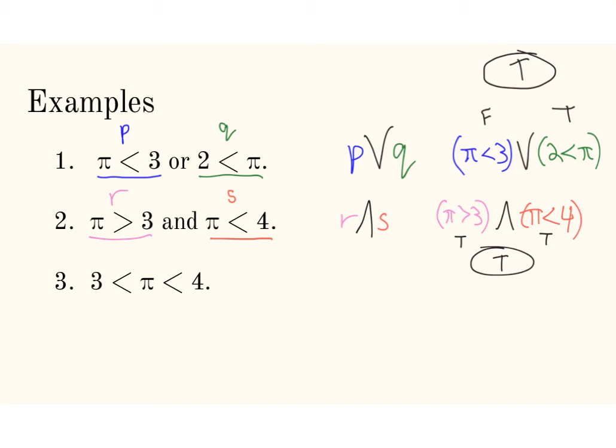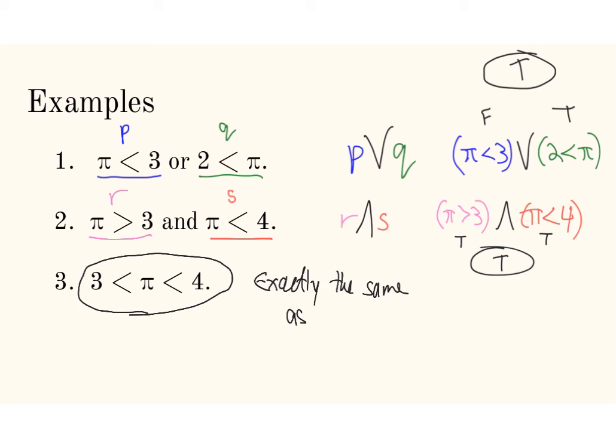All right. Now, what is going on with this next statement? 3 is less than pi, which is less than 4. This is a conjunction in disguise. This is an example of and. This is saying exactly the same thing as number 2. Because notice it's saying 3 is less than pi, which means the same thing as pi is greater than 3.